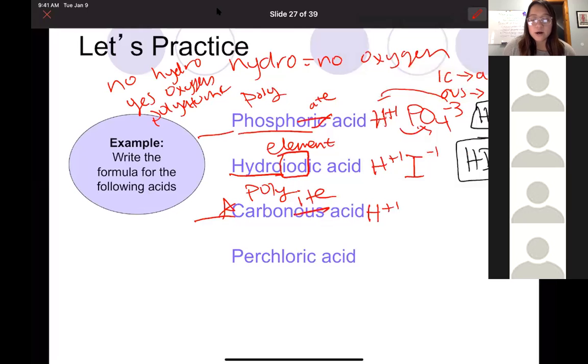So you're looking for carbonite, and carbonite is right there, -2 charge. It's CO2 -2. Again, you're going to switch the charges. You need 1 carbonite, you need 2 hydrogen. So this would be H2CO2.